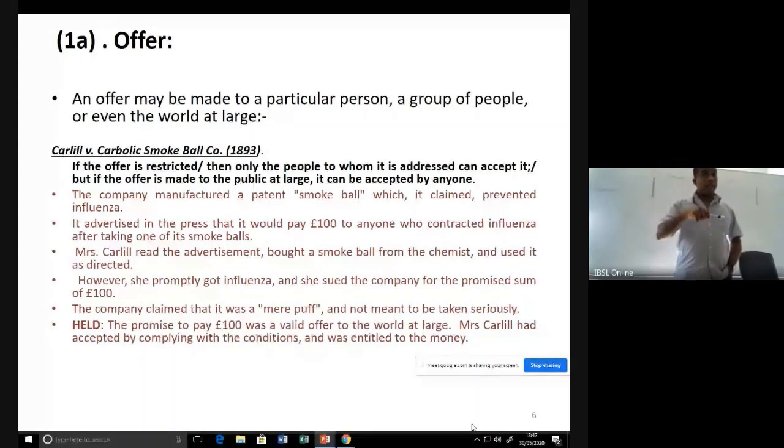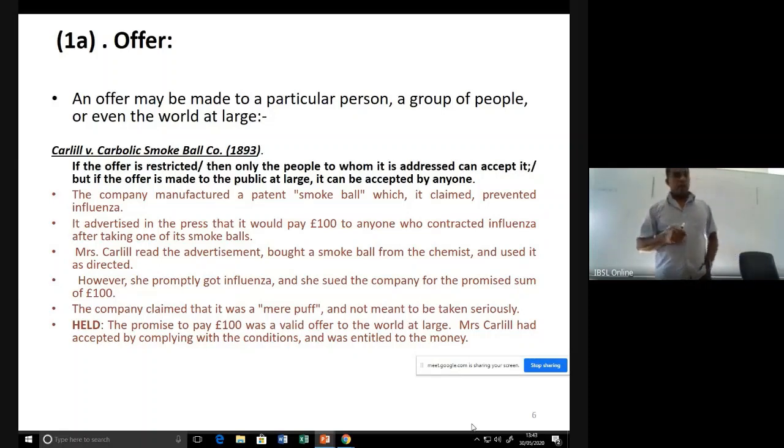Once it is accepted, the offer comes to an end, and an agreement is created. And the third type is an offer addressed to the world at large. That can be accepted by any person in the world. So those are the three types of offers. Any questions you can ask.